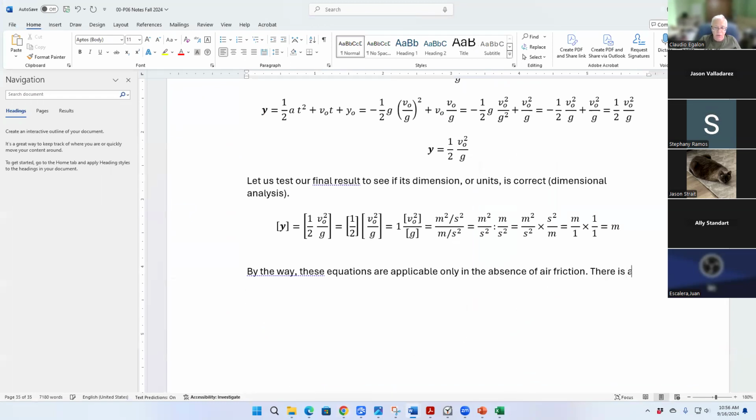There is a very nice "experiment" performed by an astronaut on the moon's surface with a hammer and a feather.